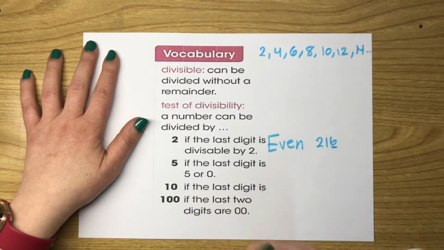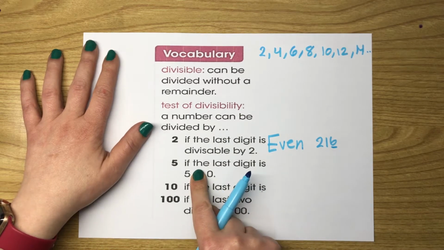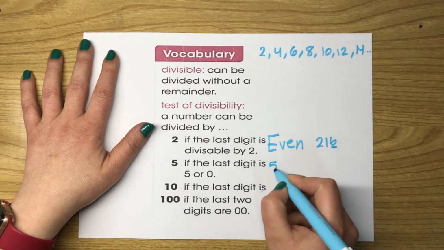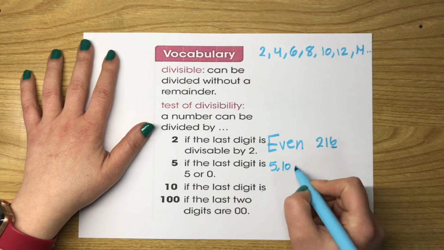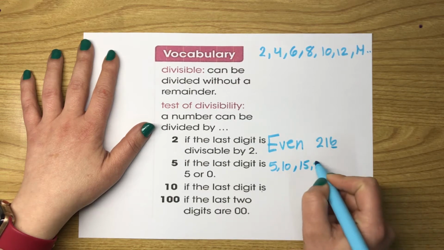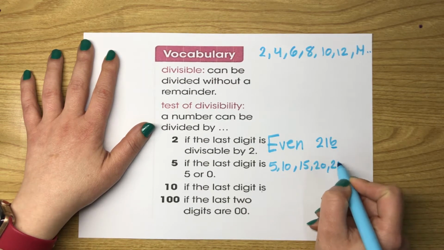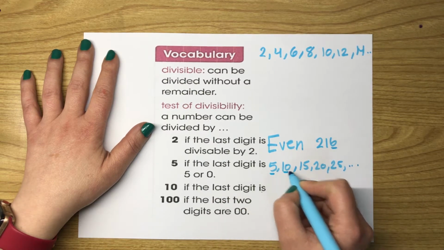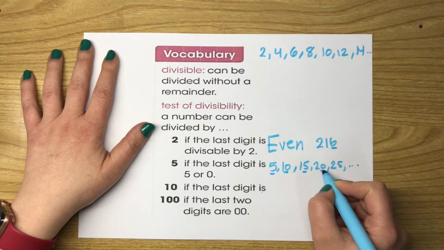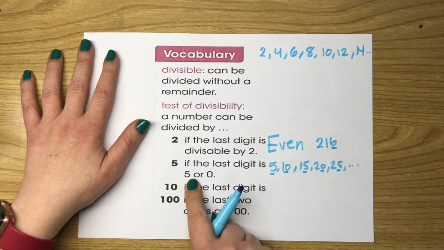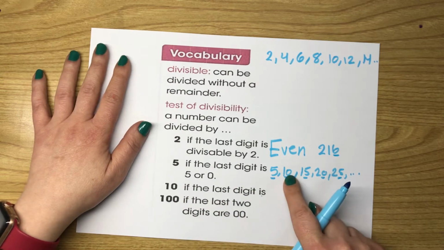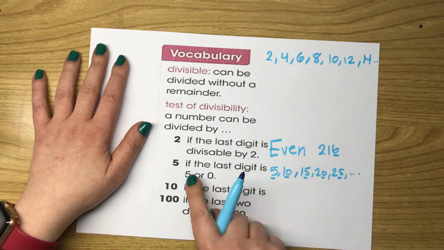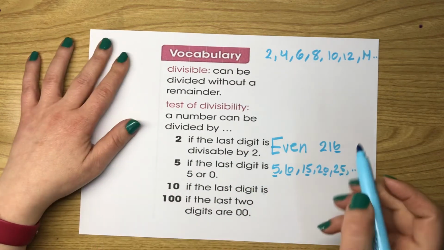Remember from our last lesson, the multiples of 5? What did we notice about the multiples of 5? 5, 10, 15, 20, 25, and so on. The ones digit has only 0 or 5. So any number that ends with a ones digit of 0 or 5 is divisible by 5.